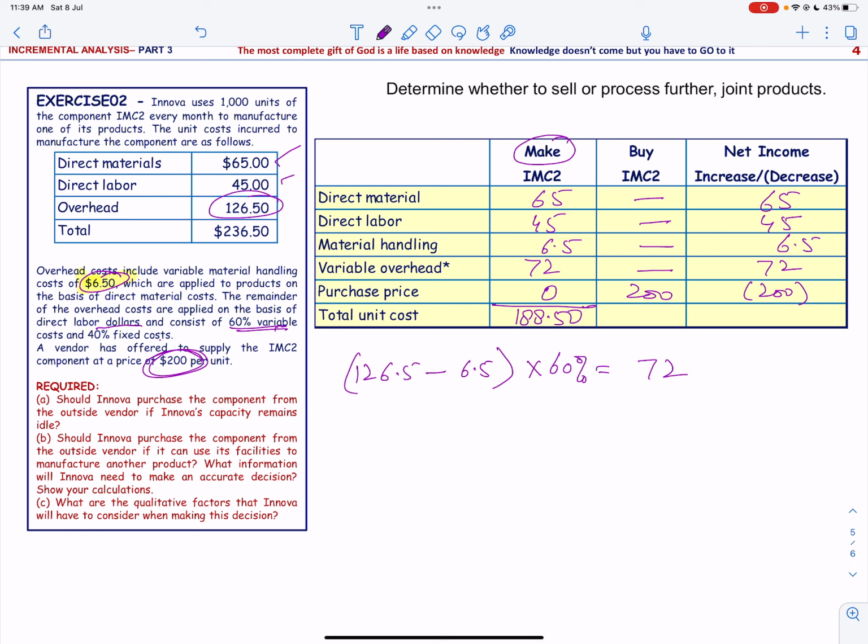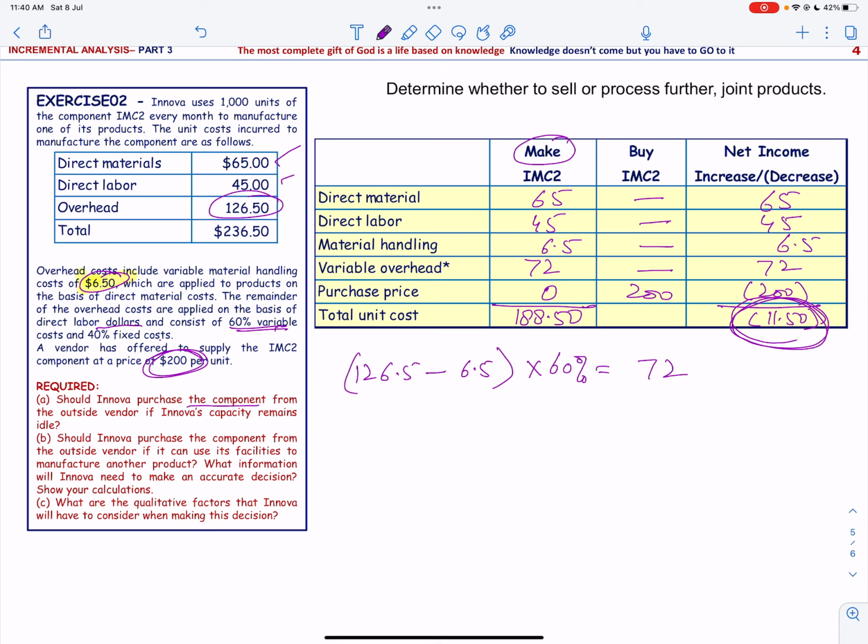So you can see the net impact is if we sum up these, this is going to be negative 11.50. So should Innova purchase the component from the outside vendor? And the answer will be no. They should not purchase from outside vendor, as the per unit cost would be 11.50 more than if they have made it.